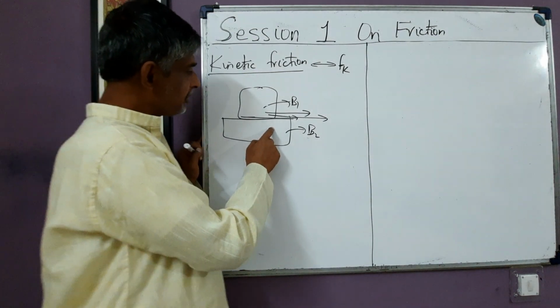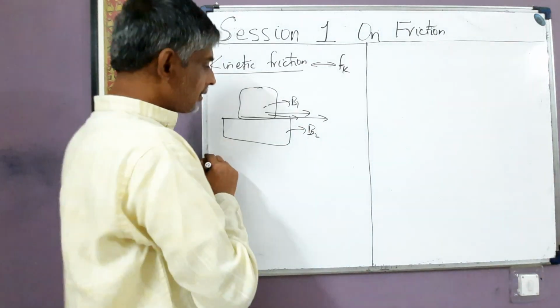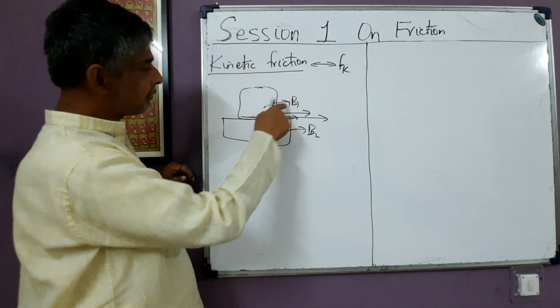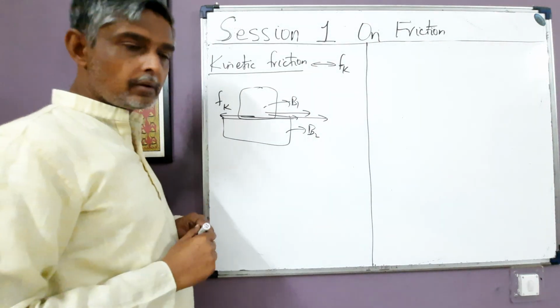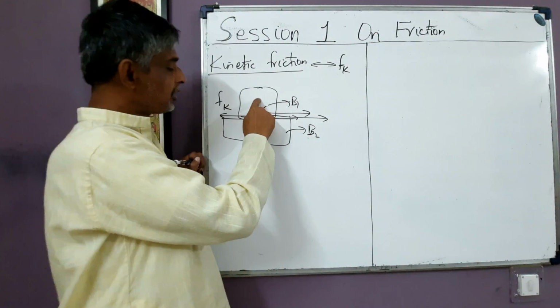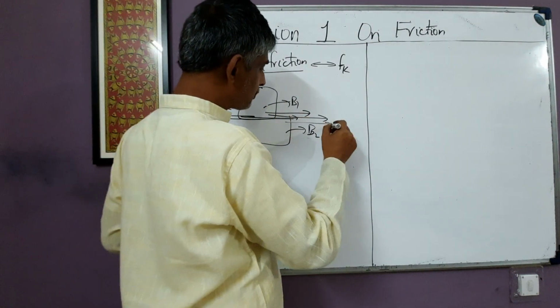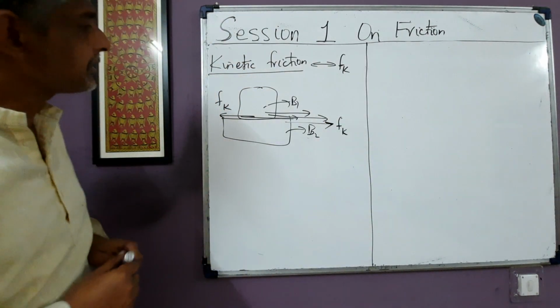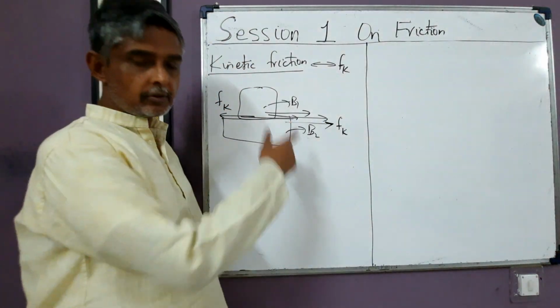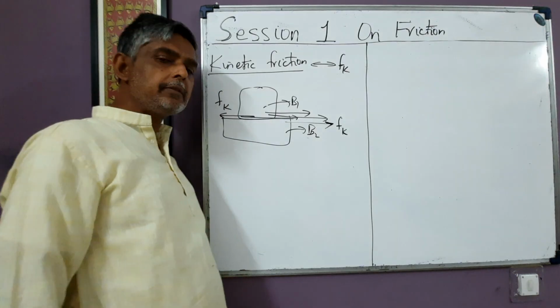So B2 exerts a kinetic friction on B1 opposite to the direction of relative slip, and by Newton's third law, body B1 exerts an equal opposite contact force Fk on body B2. This is kinetic friction.